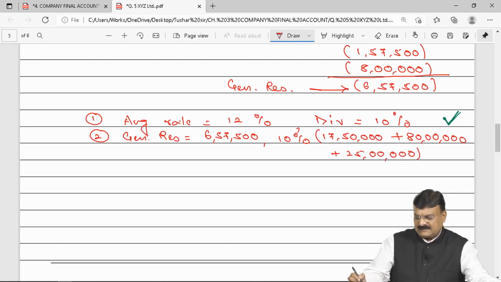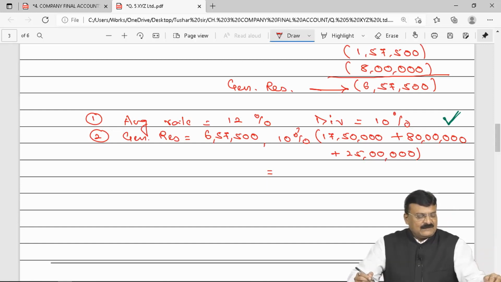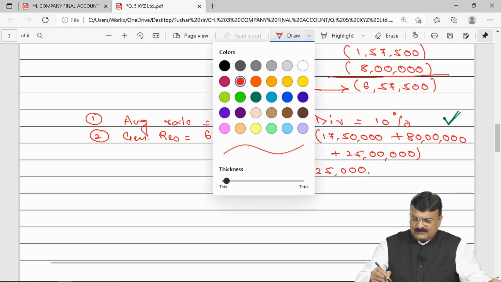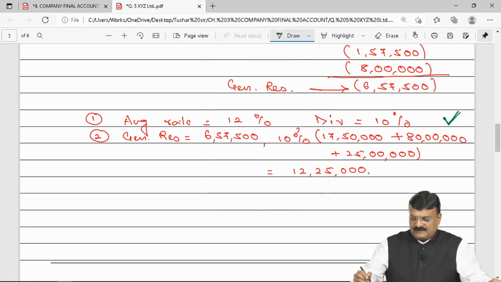So calculate that. 10% of 9750, this one, 1 crore 22 lakh 50,000, 10% of that will be 12 lakh 25,000. Yes, the general reserve we are planning to use, 657,500, is definitely less than 10%. So even the second condition is fulfilled.